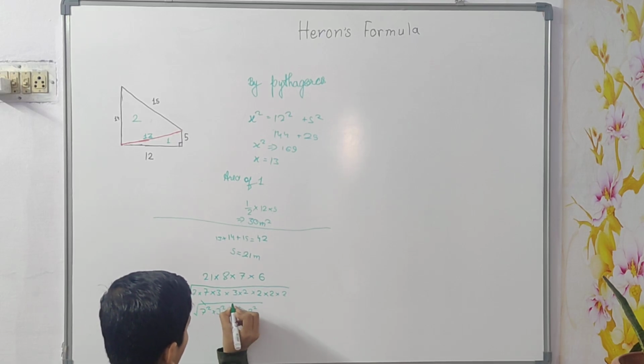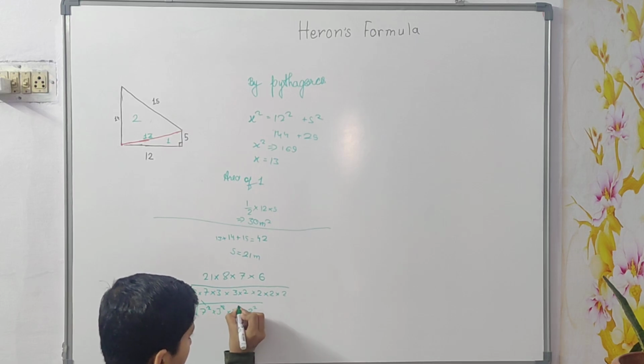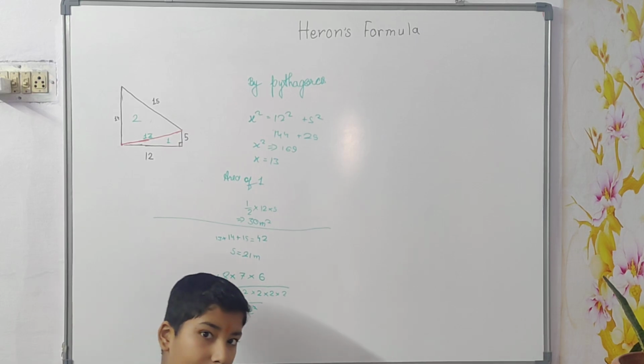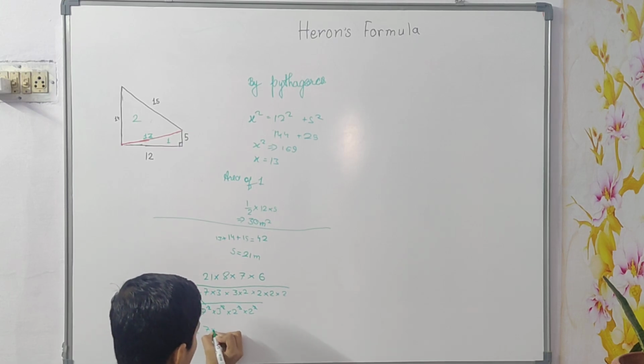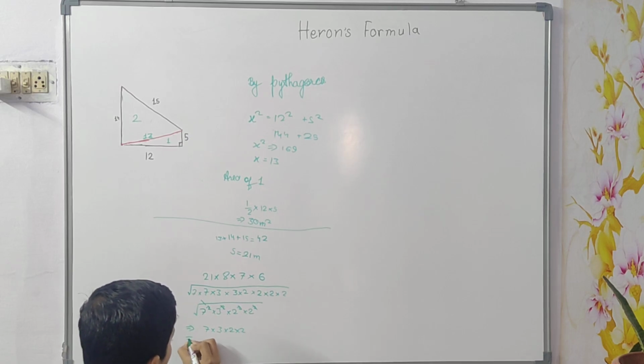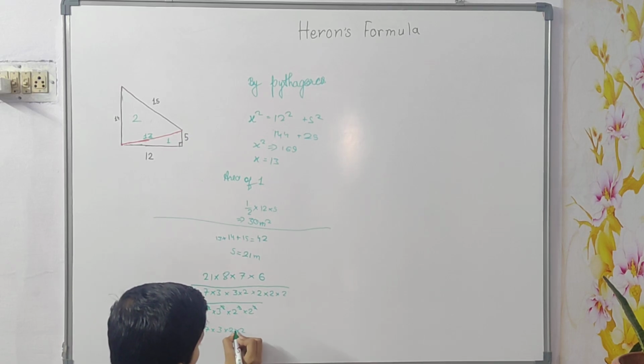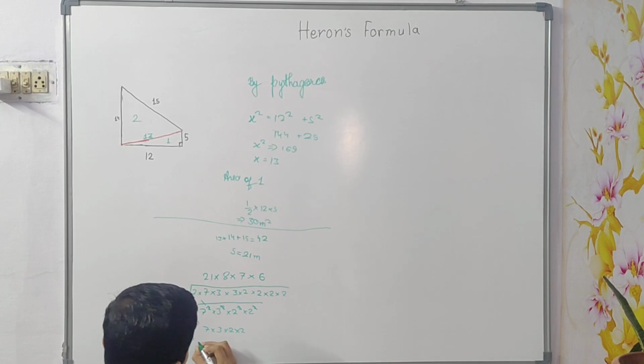So the root gets cancelled with the squares. 7 into 3 into 2 into 2. 7 3s are 21, 2s are 42, 2s are 84. 84 meter square.